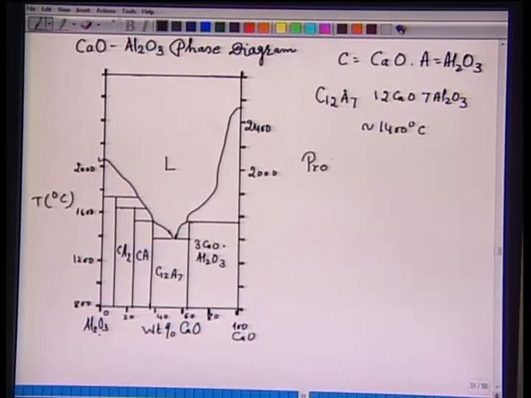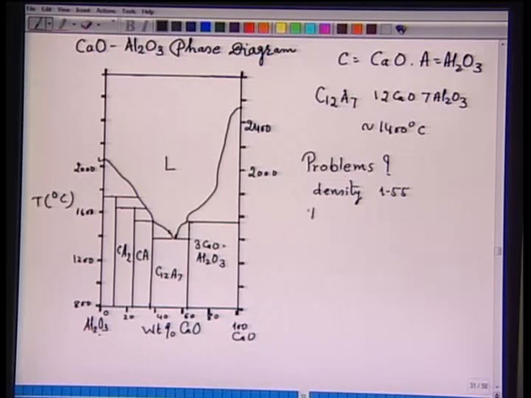Good, we have got an element. What are the problems? The problems with calcium addition are as follows. Calcium has a density of 1.55 gram per centimeter cube. What does it mean? It is very difficult to introduce into the melt, which has a density of 7 gram per centimeter cube.